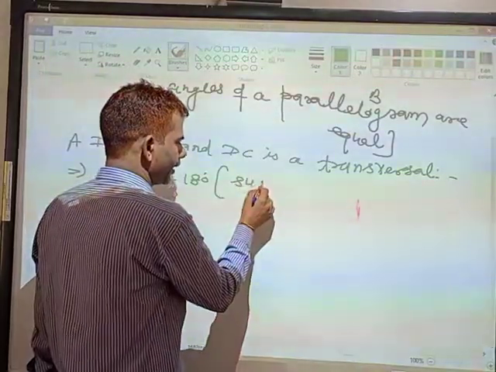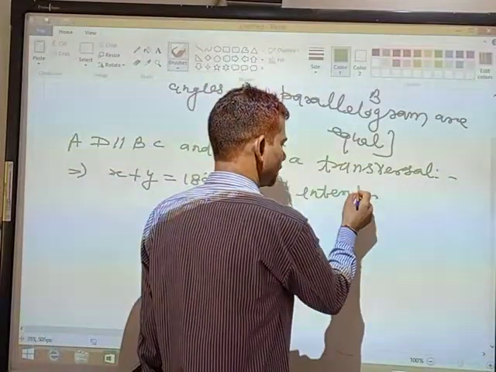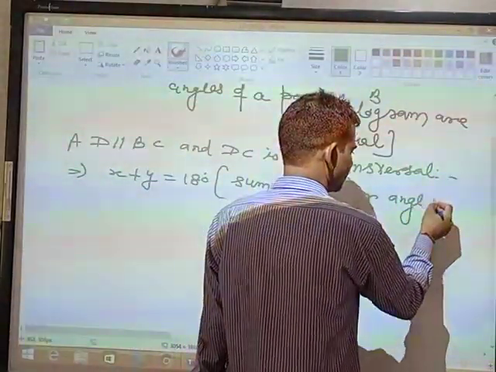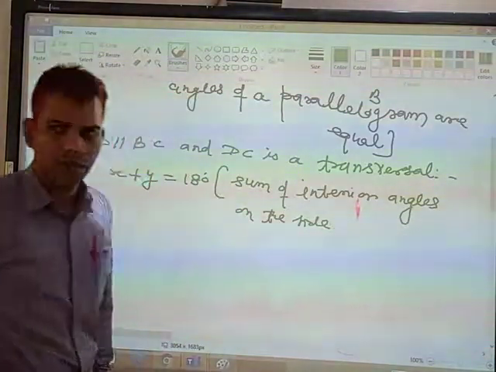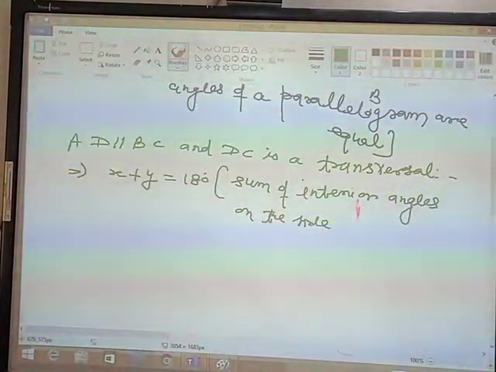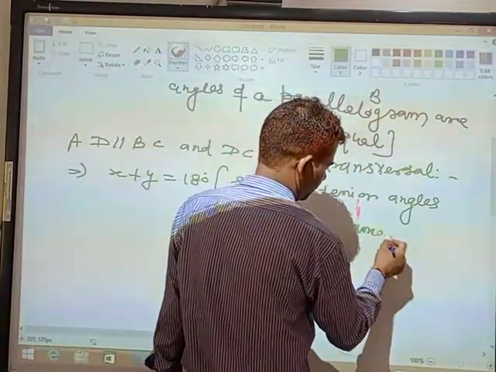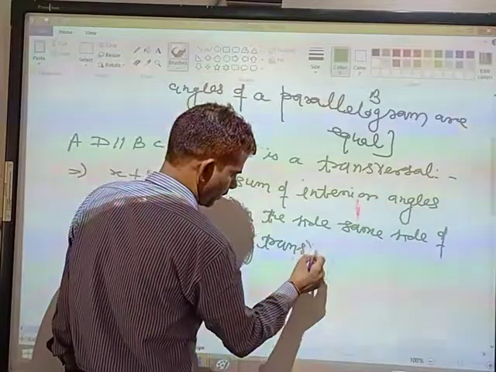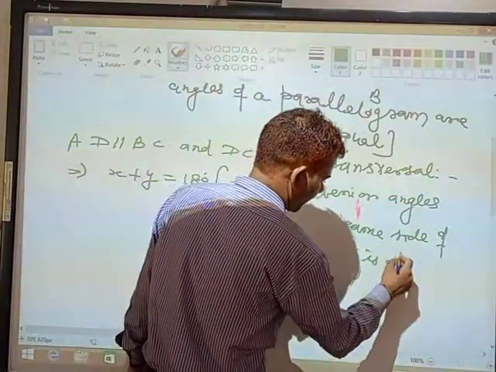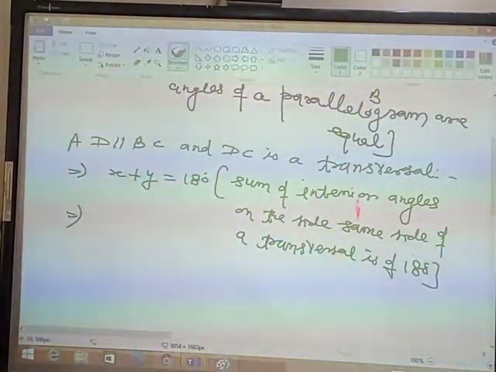Sum of co-interior angles, sum of interior angles on the same side of a transversal is 180 degree.